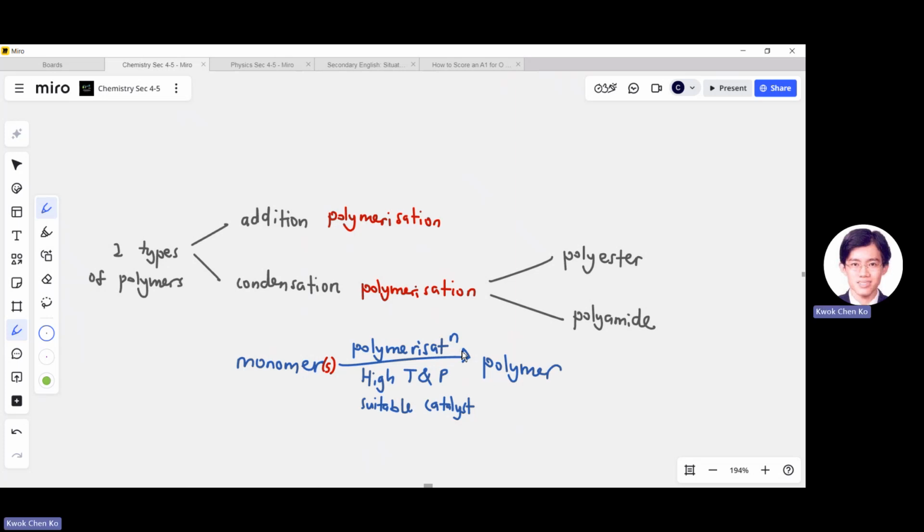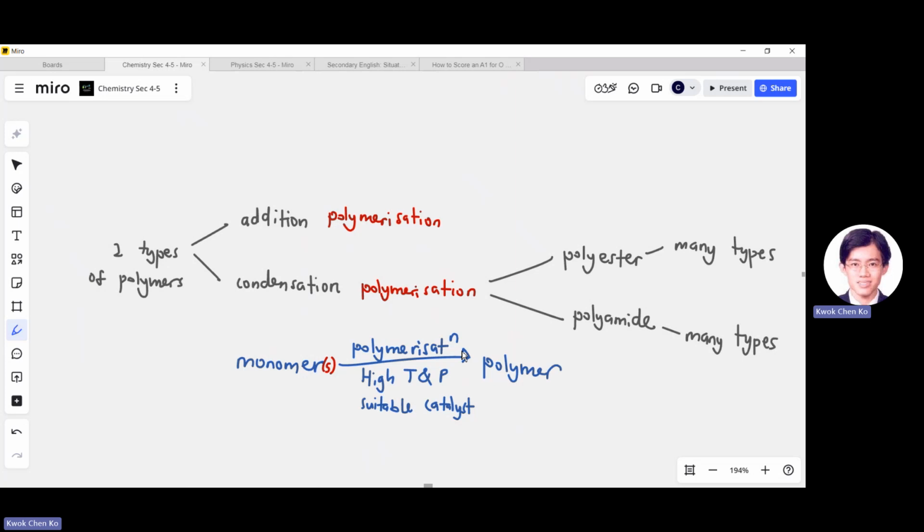But I also want you to be clear, polyester has actually many types as well, with different names. Likewise, for polyamide, many types, with all sorts of different structures and formulas. But there's one that you have to know.